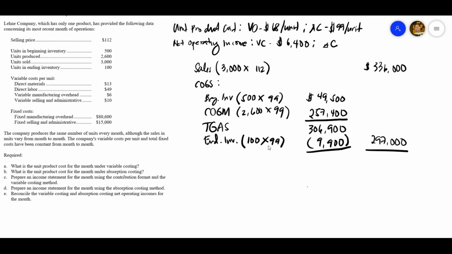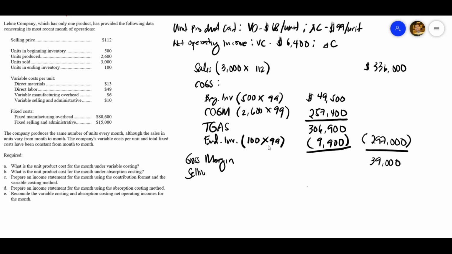With the absorption costing again, your fixed manufacturing overhead is included in your cost of goods sold. So, okay, when we deduct here now your cost of goods sold from sales, it will give us a gross margin or gross profit of $39,000.